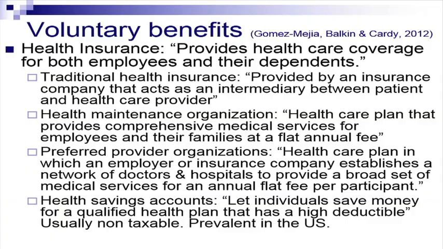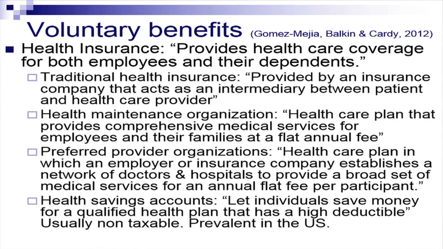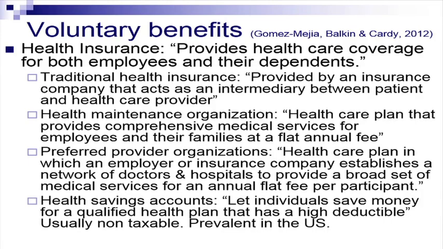Preferred provider organizations: if you are with us, you can go to these hospitals and they will take care of you. Or you could also have a health savings account, so you could give them some way of contributing to their health issues, and you let individuals save money for a qualified health plan that has a high deductible. Deductible is what you pay out of your own pocket towards the medical expenses, and that is a percentage of the total expenses incurred.